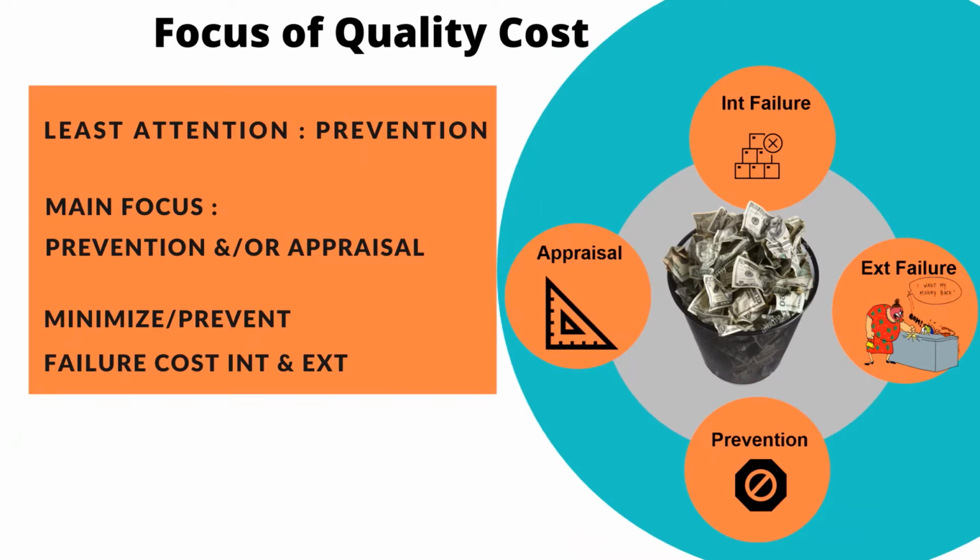For most products, the highest priority or attention should be given to prevention costs to ensure that quality is planned in during the development stage to prevent the subsequent costs of appraisal, internal failure, and also external failure. Unfortunately, in reality, many companies do not invest in prevention costs as they do not feel the pain point, since the problem has not happened yet.